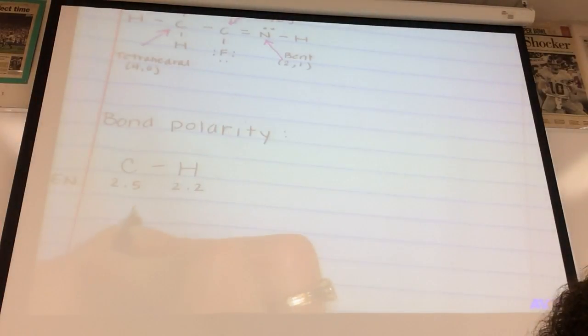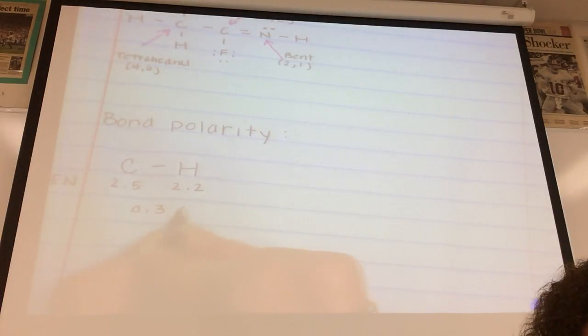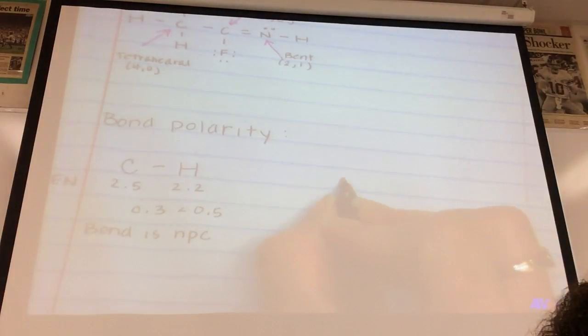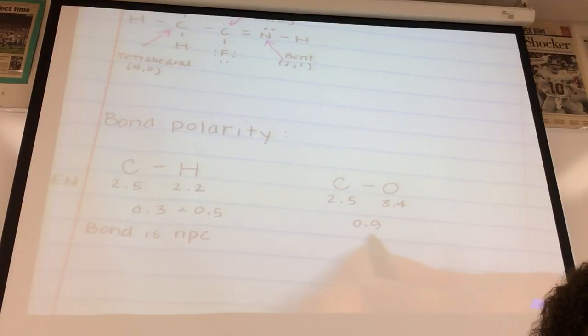If you subtract the 2, you get 0.3. 0.3 is less than 0.5, so the bond is nonpolar covalent. In contrast, if you had a C to O bond, electronegativity of carbon is 2.5, oxygen is 3.4, the difference is 0.9, and that is between 0.5 and 2.1. So this bond is polar covalent.